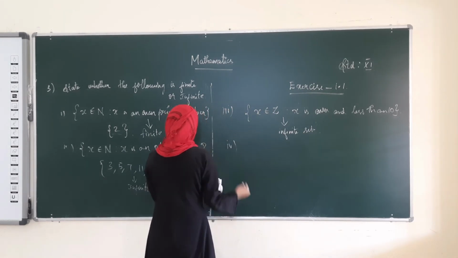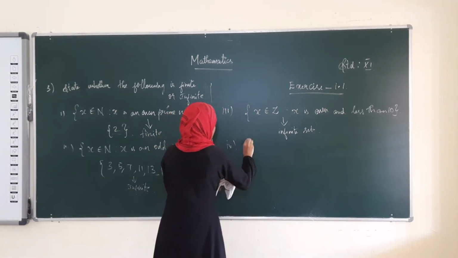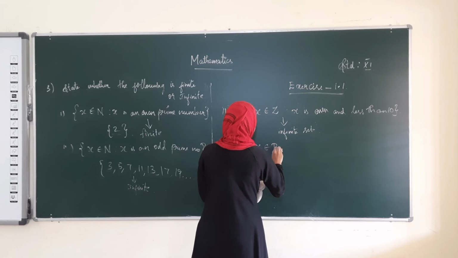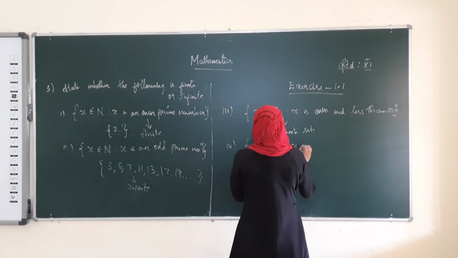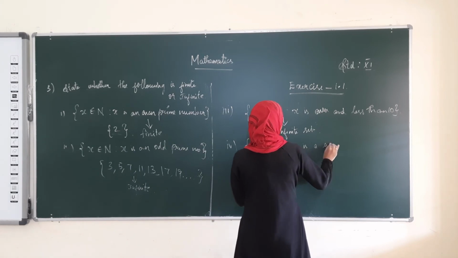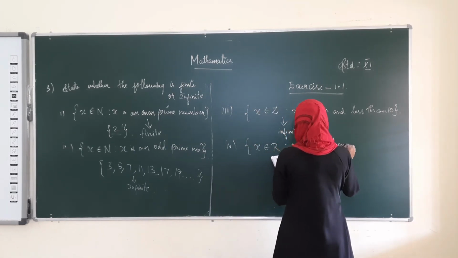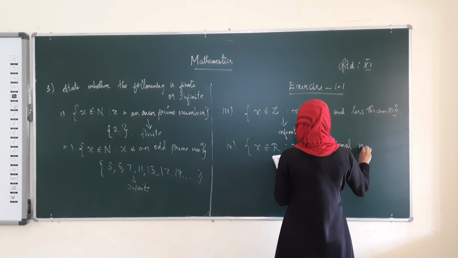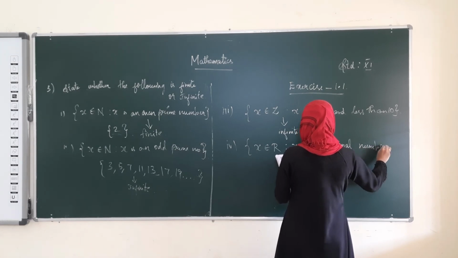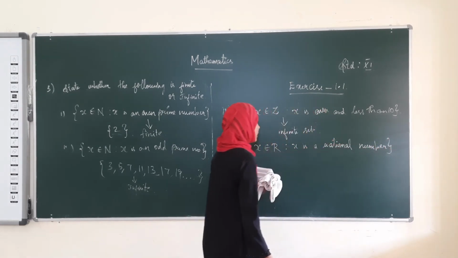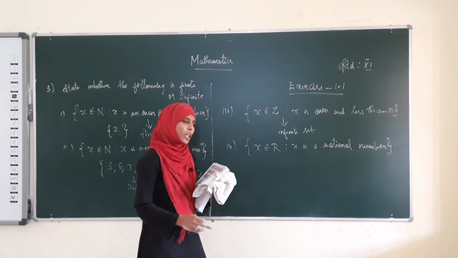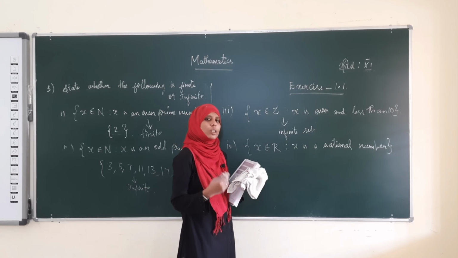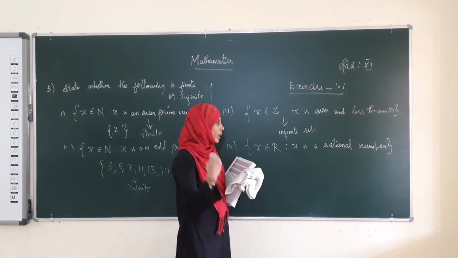Okay, next one is x belongs to R. R is the set of all real numbers such that x is a rational number. Can we say this is finite? Set of all real numbers means it includes all natural numbers, all whole numbers, all integers, all rational numbers.